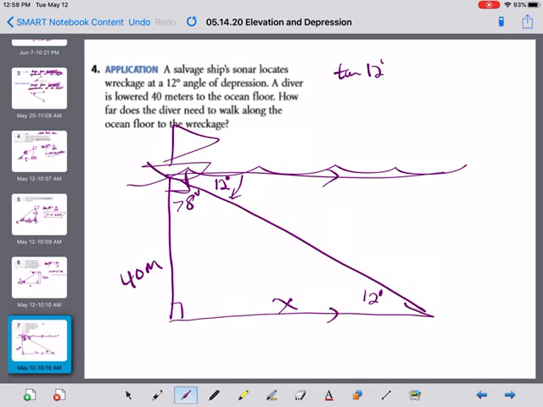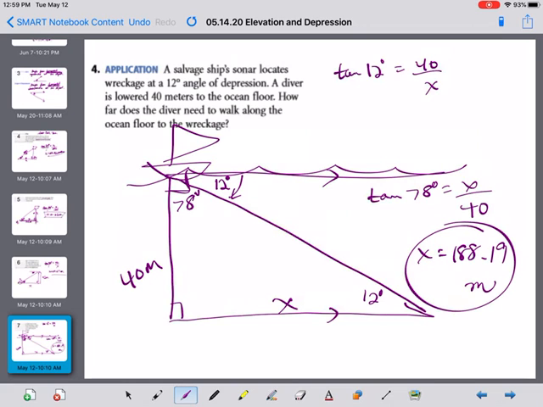So you could say tan of 12 degrees equals 40 over x, or you could have said tan of 78 equals x over 40, right? Lots of choices. So either way, we will get an answer of 188.19 meters.